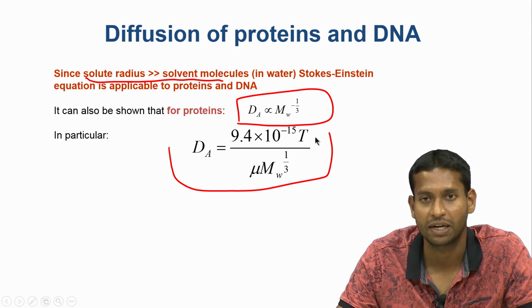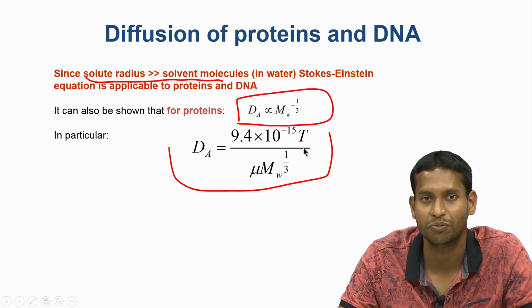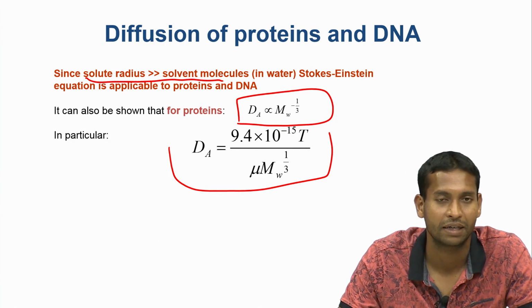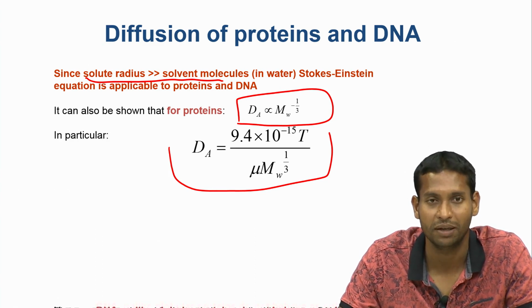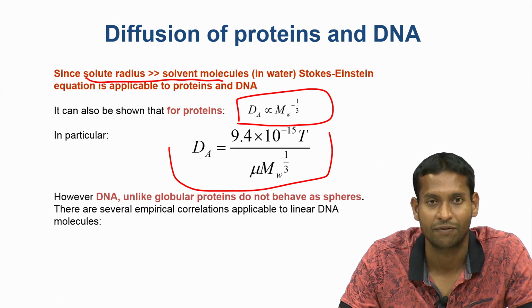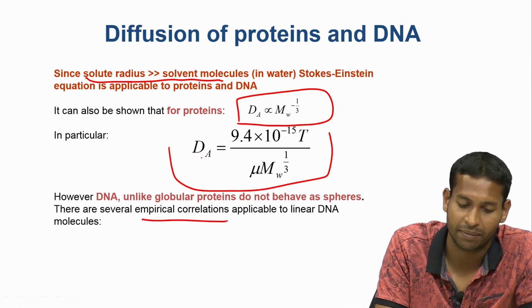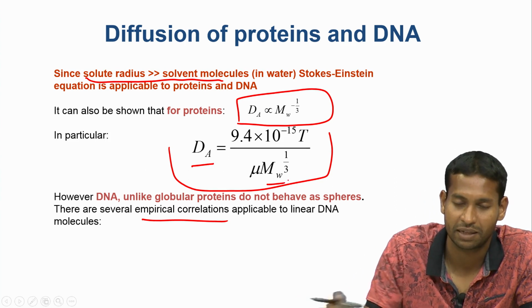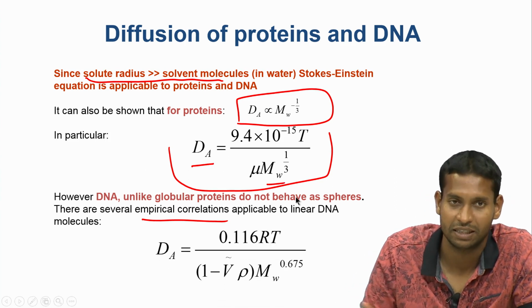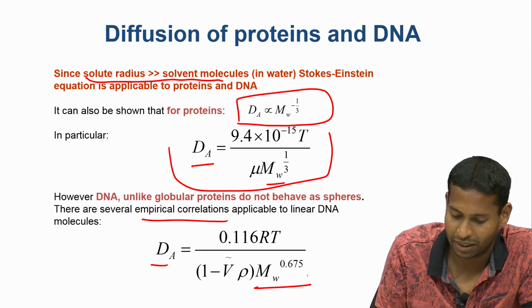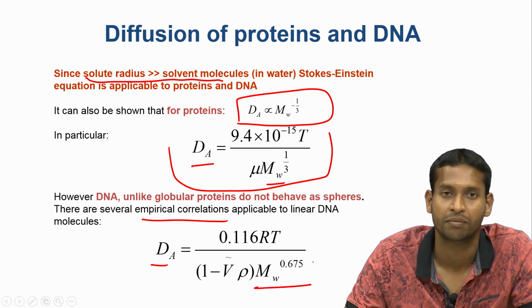This equation changes a little bit for DNA. Again, you can assume most of the time that if the DNA is small enough, it is spherical, but we know that DNA is a linear polymer. So, DNA, which is not a globular protein, typically does not behave as a sphere. People have done some empirical correlations to find the relation between the diffusion coefficient and the molecular weight, and what they found is that it is related by a certain power of the molecular weight.